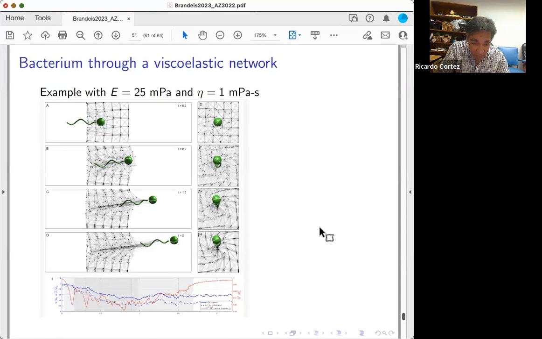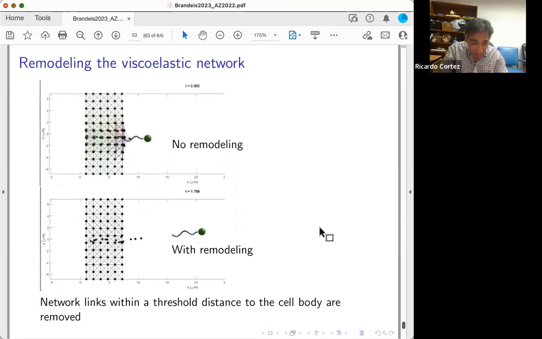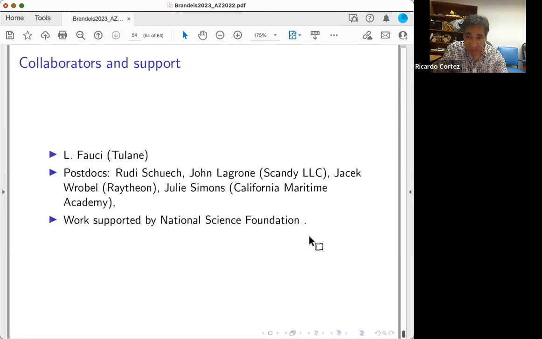And so we're looking into how to use this, and how to model when the organism itself could change the properties of the material as it goes through. I'm just going to stop here because I'm running out of time. So thank you very much.